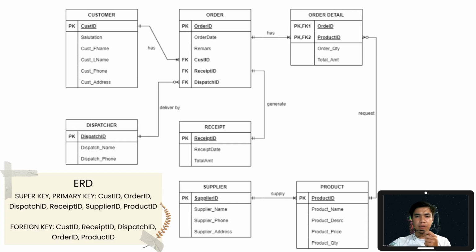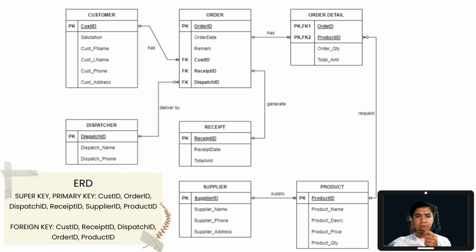So, for the product table, the primary key is product ID, product name, product description, product price, product quantity, and also the foreign key is supplier ID. For the supplier table, the primary key is supplier ID, supplier name, supplier phone, and supplier address.